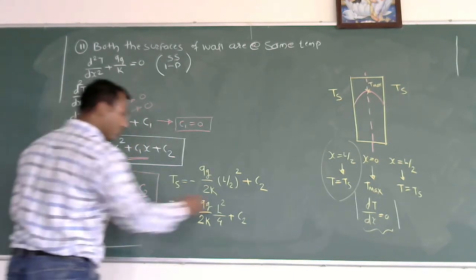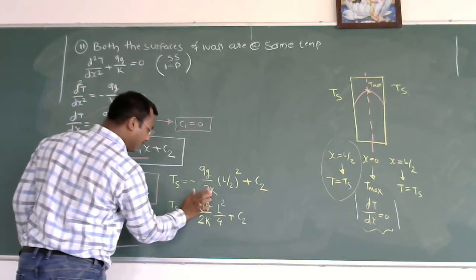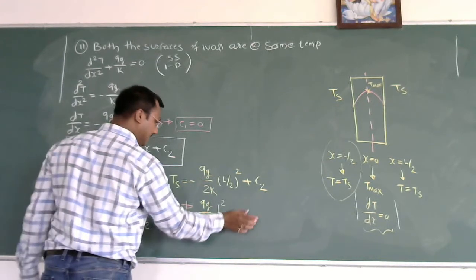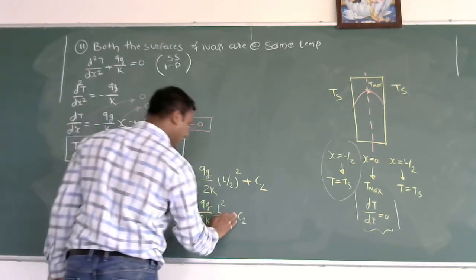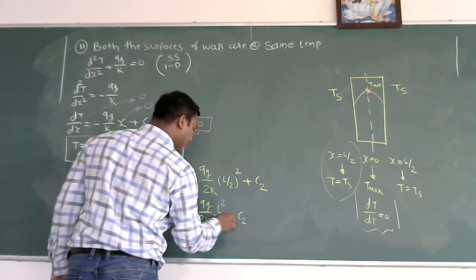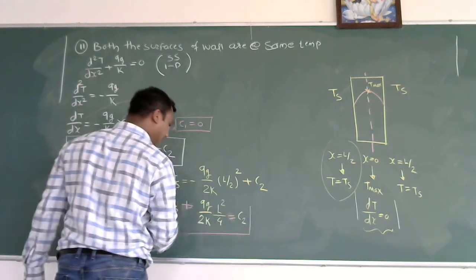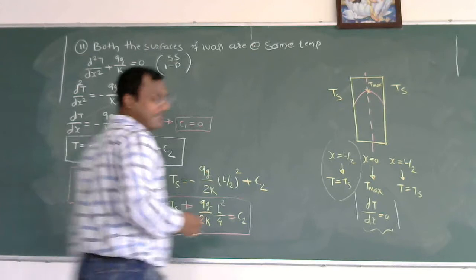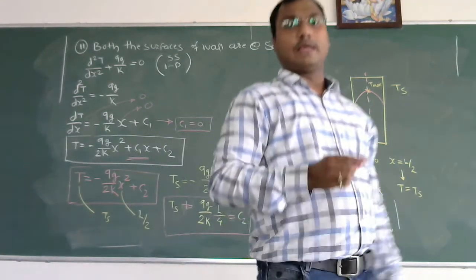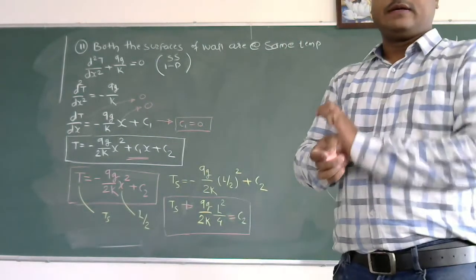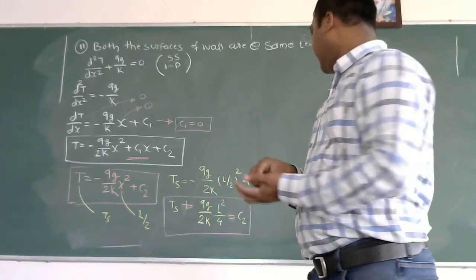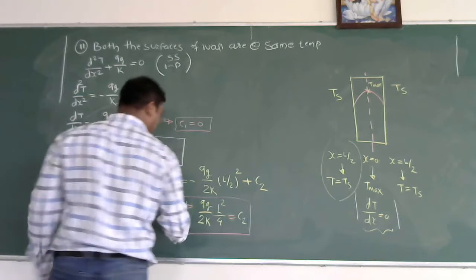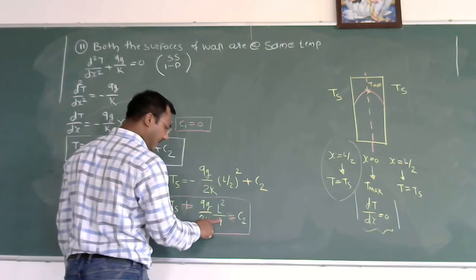Again, I am interested to find the value of c2. So simply I can write Ts plus this one, so this becomes the value of c2. That c2 will be equal to Ts plus qg L square.